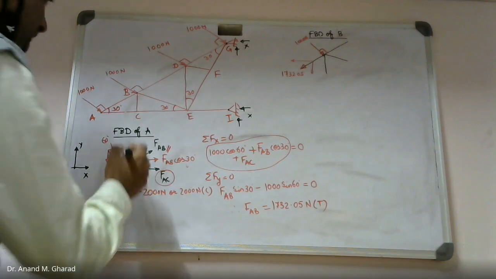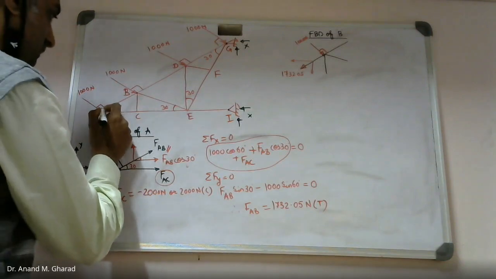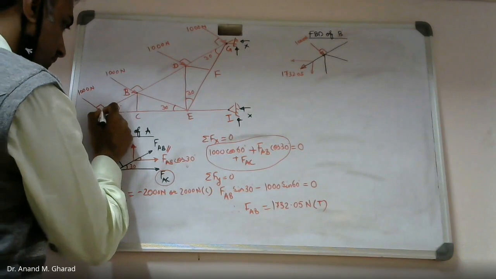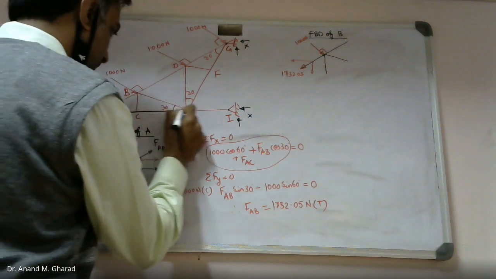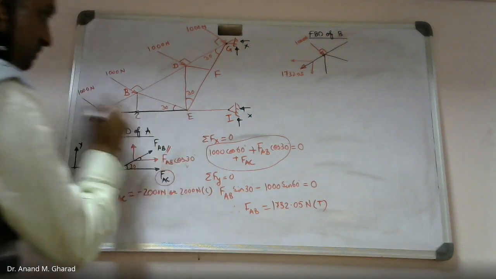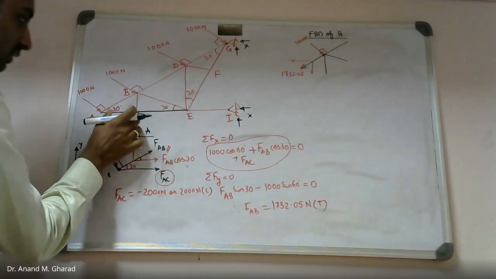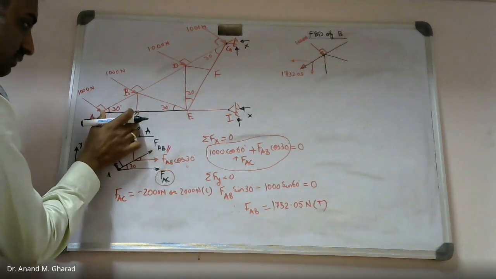Exactly. So that's what I was asking you about the other observation. Okay. So this is joint C, and as you can see over here, there are 2 members which are collinear in nature.